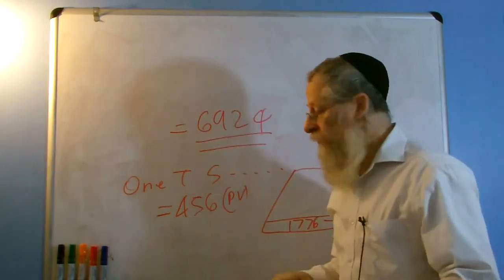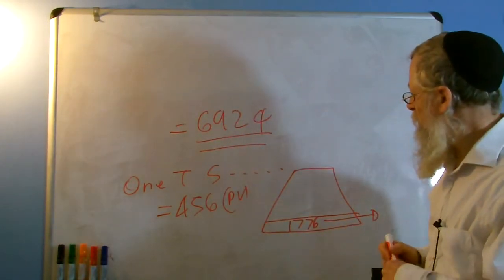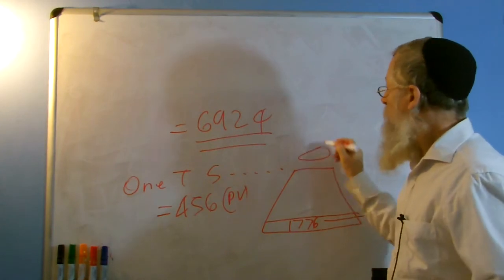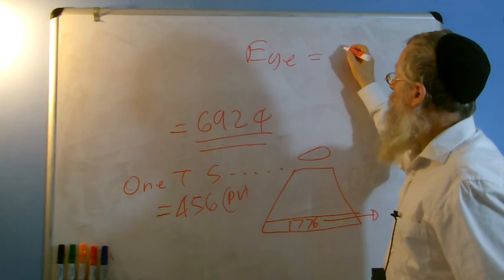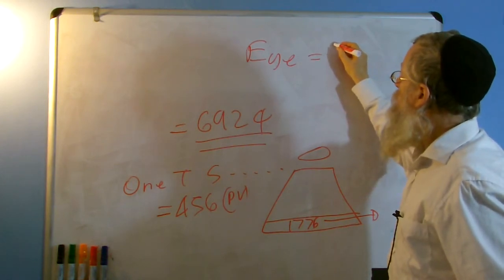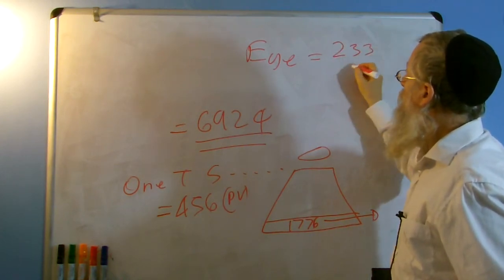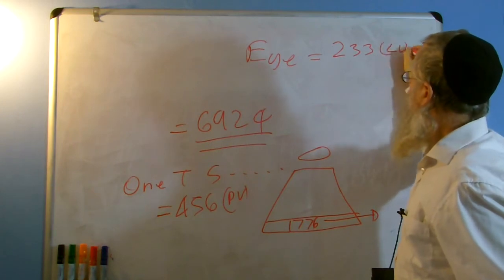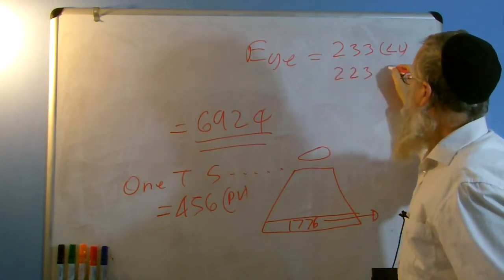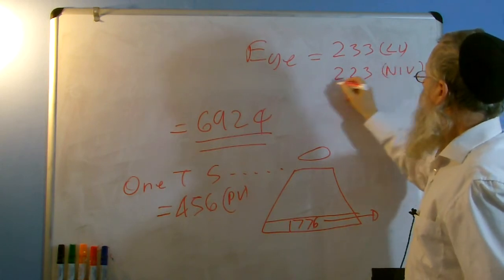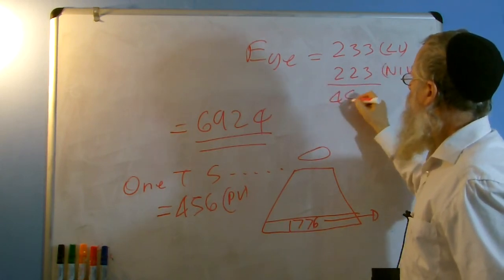The link between the bottom of the pyramid and the top, whereas the eye, is we take the word eye and we work out the large value, which is 233, and that's the LV value, and then we work out the normal inner value, which is 223, that's NIV, and we add that together, we get 456.